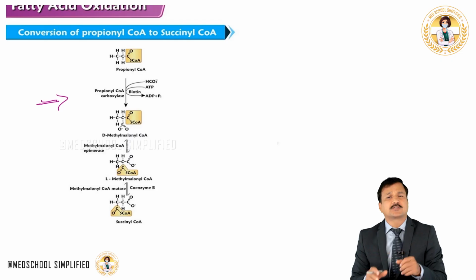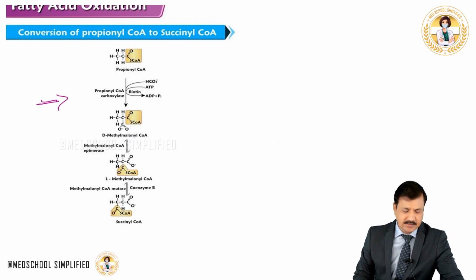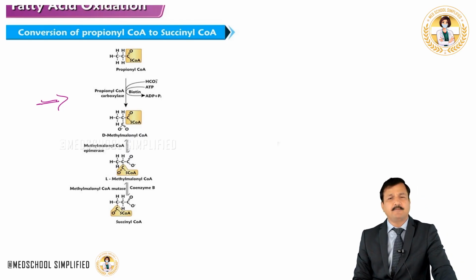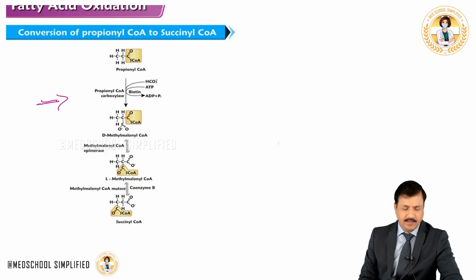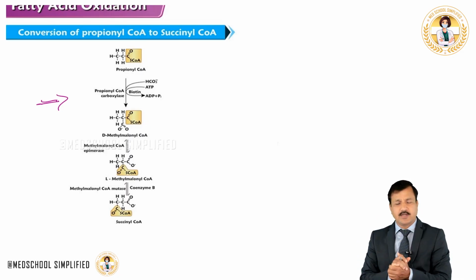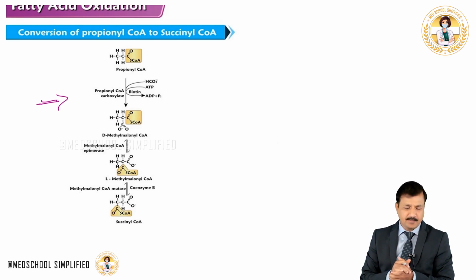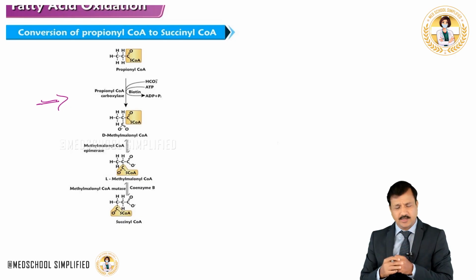It is a carboxylation reaction where ATP is used and ADP is released. Once you get methylmalonyl-CoA, initially it is D-methylmalonyl-CoA, which is converted into L-methylmalonyl-CoA by the methylmalonyl-CoA epimerase enzyme. Not really that important a reaction.